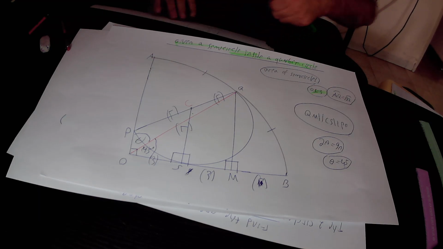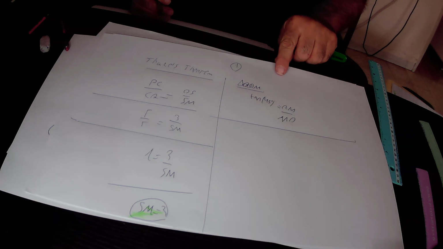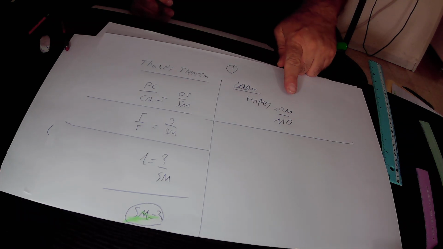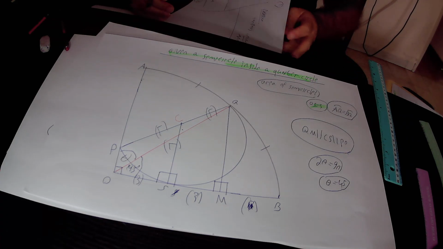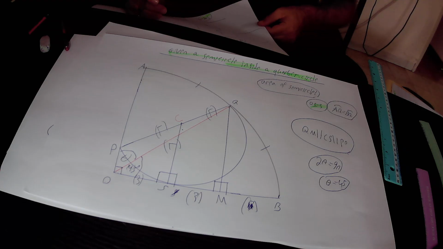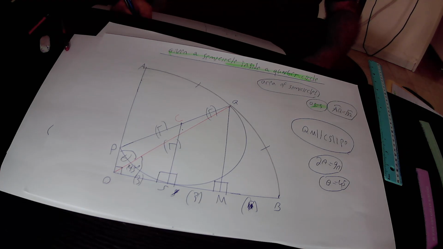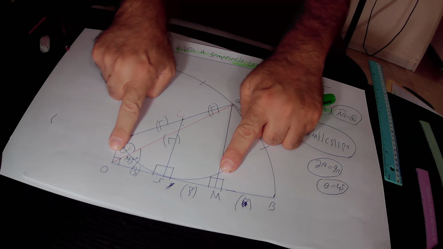And again, in the right triangle QOM, tangent 45 degrees equals QM over MO. QM is the missing side. MO in total equals 3 plus 3, that is 6.